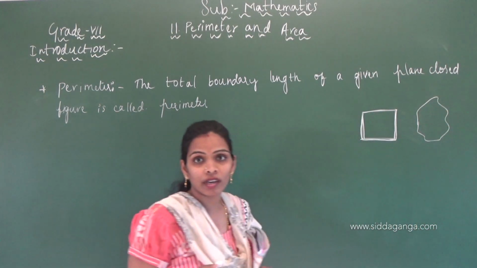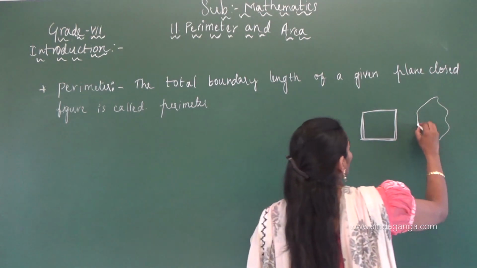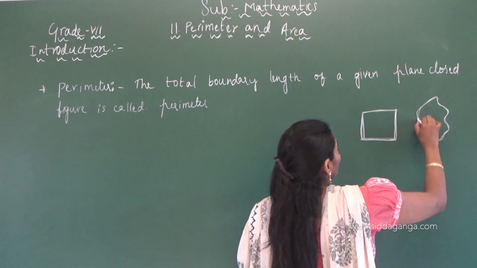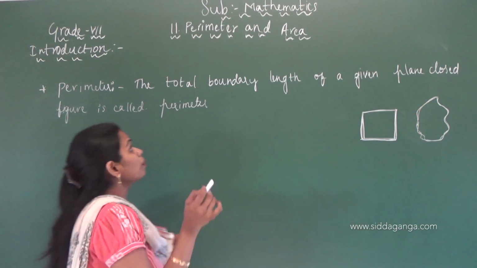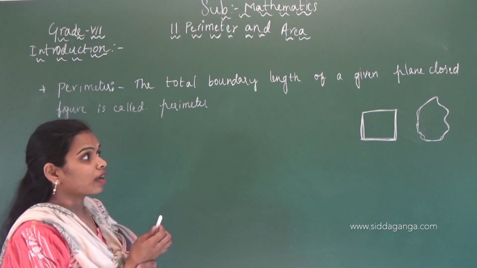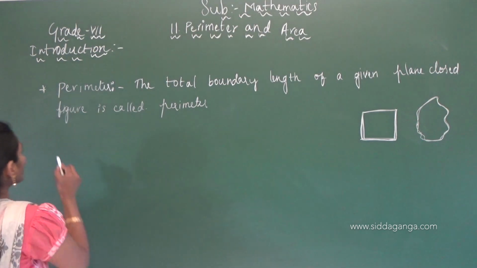Irrespective of its shape, the total length that is covered by the given plane closed figure is known as perimeter. And what is area?